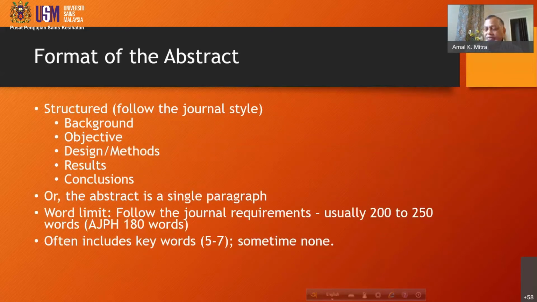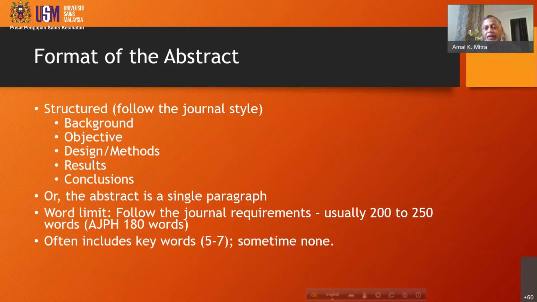So there are two formats. Most of the journals, I should say, nowadays use a structured format. But you must follow the journal style. I always tell you, if you want to be an effective writer, first thing you have to do, just follow the journal style.